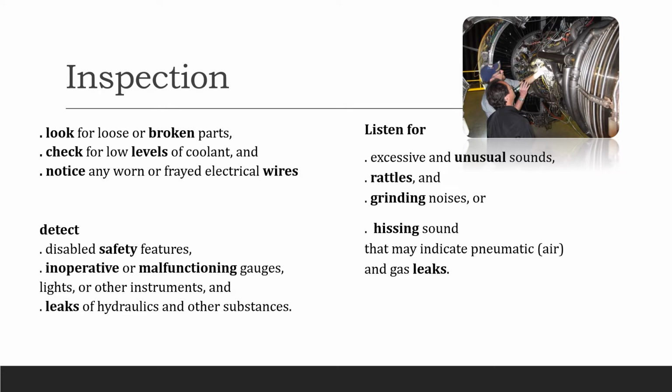Again, they're all connected, so these wires have to be connected in a proper, logical way. Detect disabled safety features, inoperative or malfunctioning gauges. You have to detect lights, instruments, leaks. You have to try to find them if there are any.